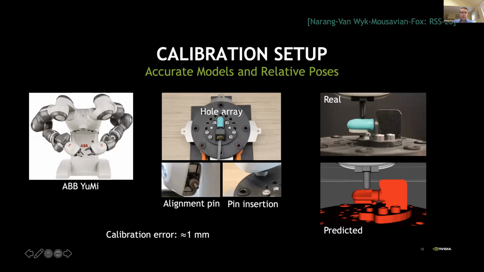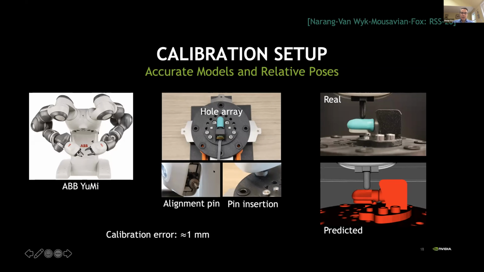This plate is also mounted on a 6D force torque sensor, so that we can measure in real time, of course, the forces being applied to the BioTac. And in order to calibrate that measurement device relative to the YuMi, he also 3D printed and designed these holes that go around the array.